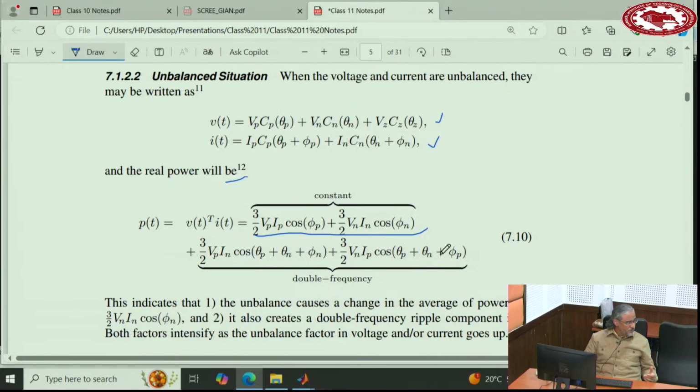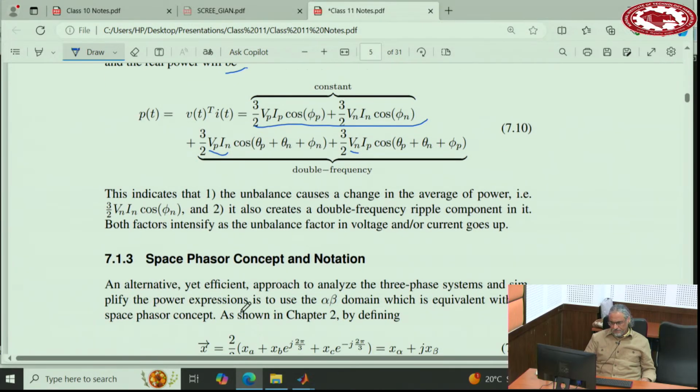So double frequency terms appear when the voltage and current become unbalanced. But the magnitude of that unbalance depends on the negative sequence of the current or negative sequence of the voltage, which should not be huge in normal operations.